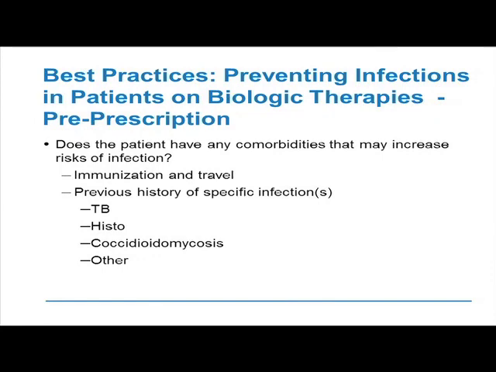So what about beforehand? What do we do to help assess the weight of our comorbidities? Well, I like to get an immunization history. Are they up to date on their adult vaccines? And do they have any special type of risk factors for infection, such as foreign travel? What is their previous history of these type of unusual infections, such as TB, endemic fungi, and others?